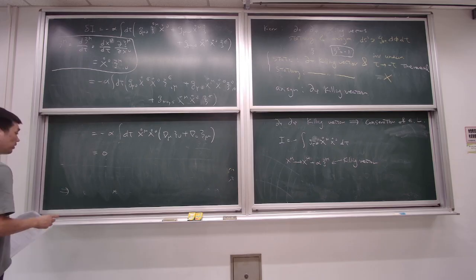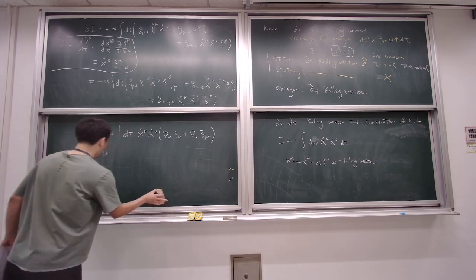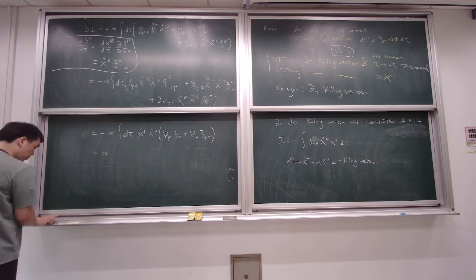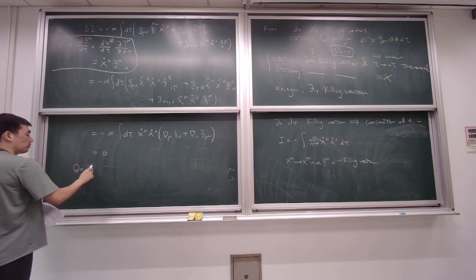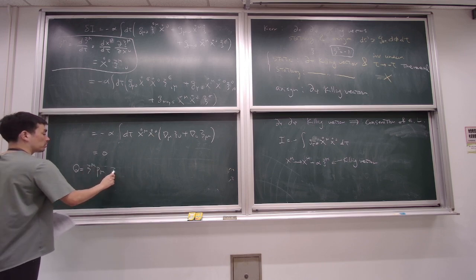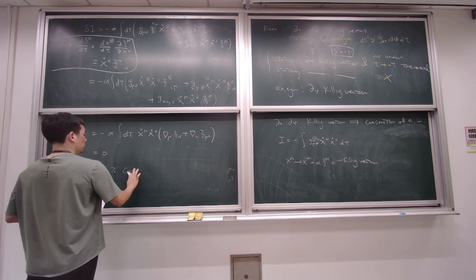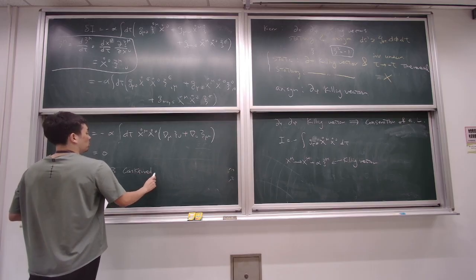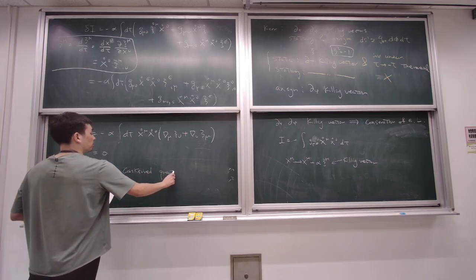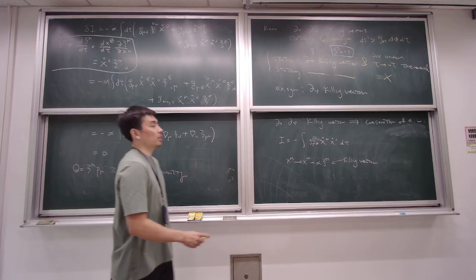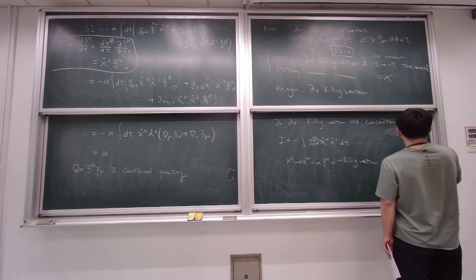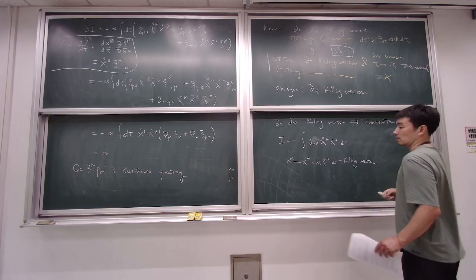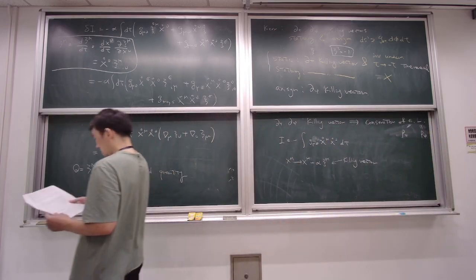So from here one can see the conservation rule: Q equal to xi mu P mu is a conserved quantity. So this is in fact P t, and this is P phi or something like that.